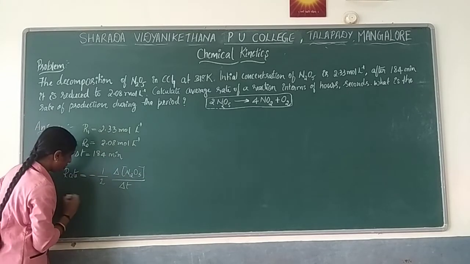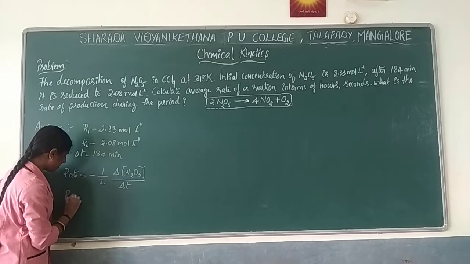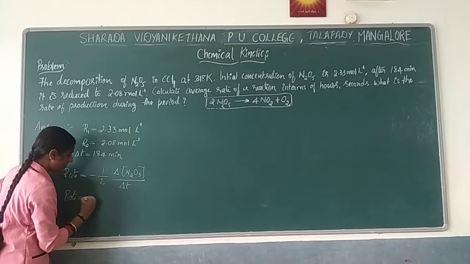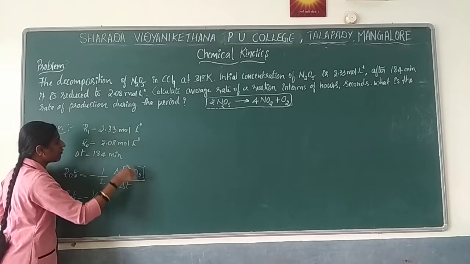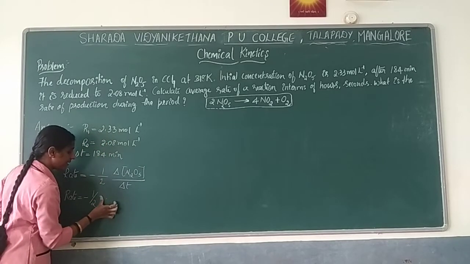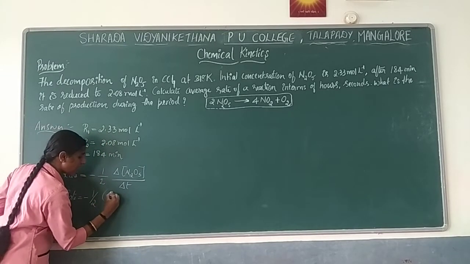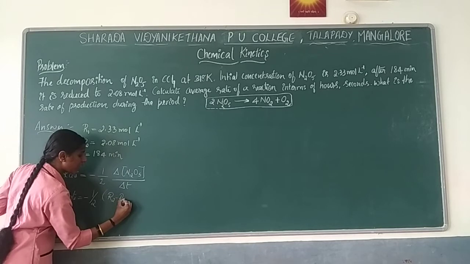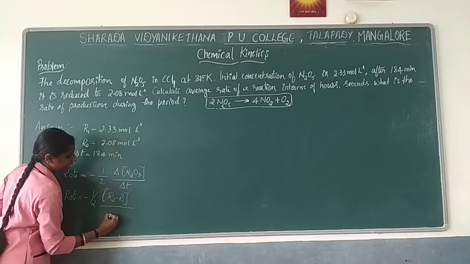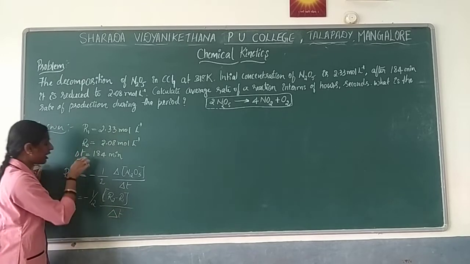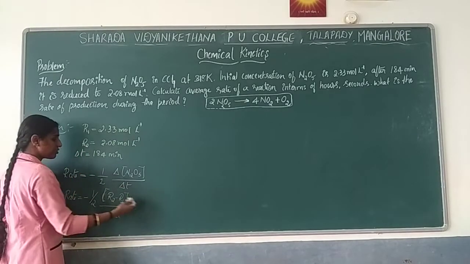So you know the formula, for rate it comes as minus of half delta N2O5, which is nothing but the change that has taken place, or you can write it as R2 minus R1, the concentration of R2 minus R1 divided by delta T. Delta T directly we know over here. So direct substitution can be done.